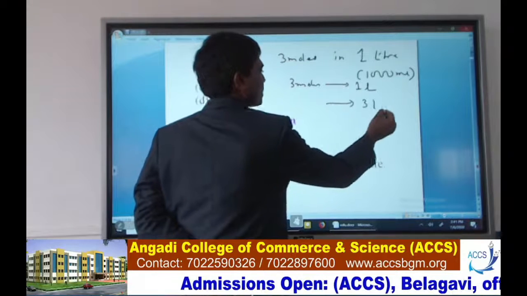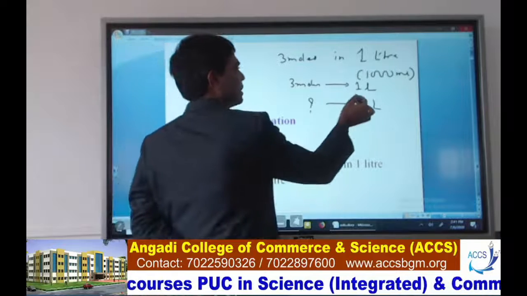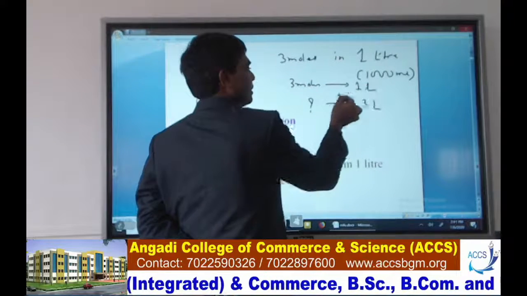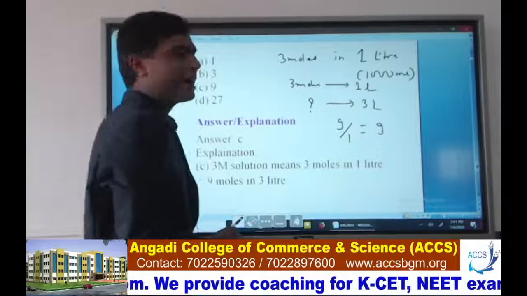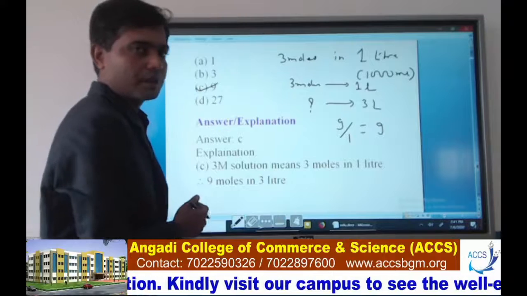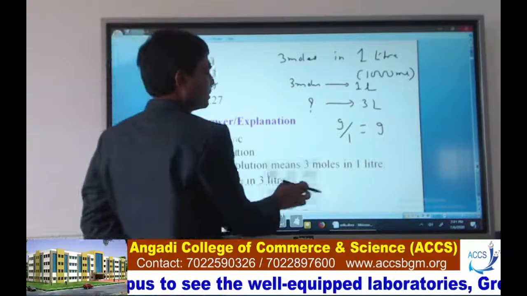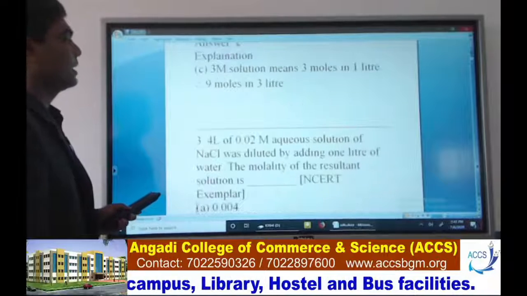Therefore, for 3 liters, how many? Do the cross multiplication. 3 threes are 9, divided by 1 is equal to 9. Therefore, 9 moles are present. Hence, the answer for this question is C. That is 9 option. And this is related to concentration term which comes under normality.